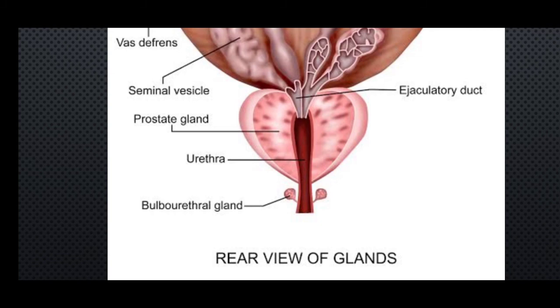Because this is a common urinogenital duct, the urine also passes through the same duct. So this urea can cause a little bit of problem for the sperm's motility and everything.